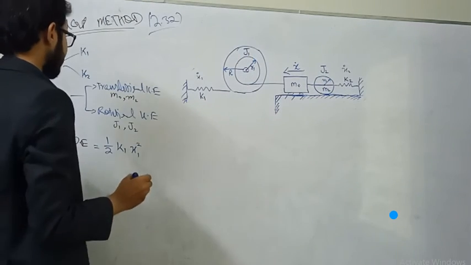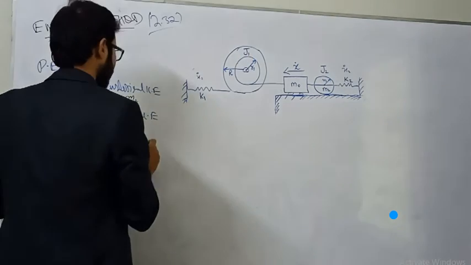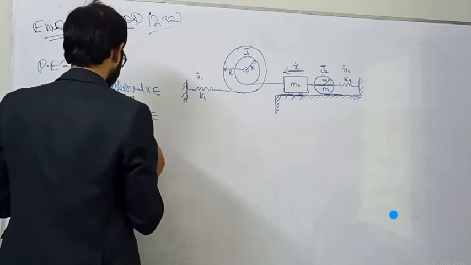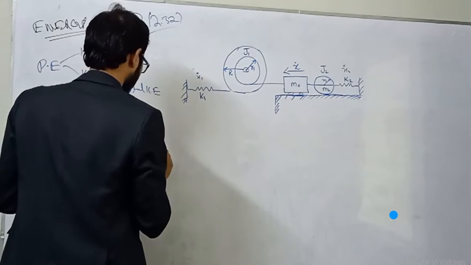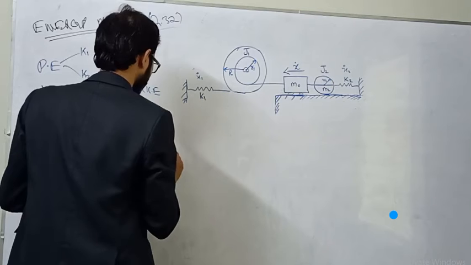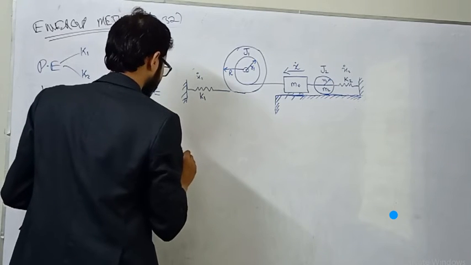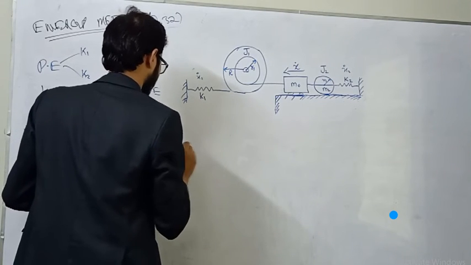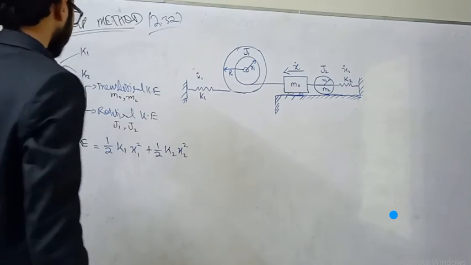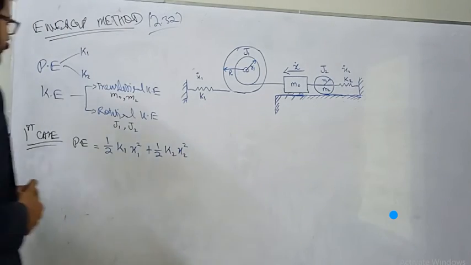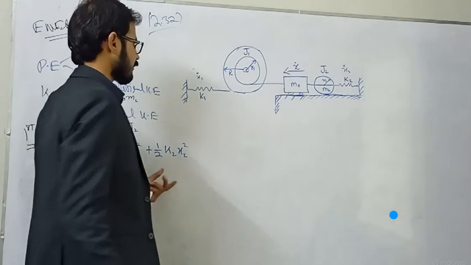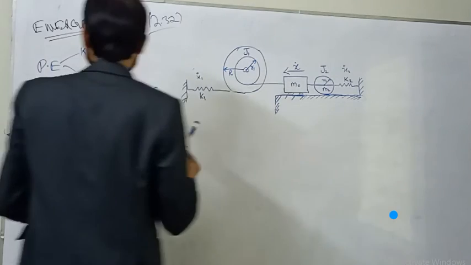Okay, so I will represent it as half k1 x1 square plus half k2 x2 square. So these are the possible potential energies that are associated with both of the elements.